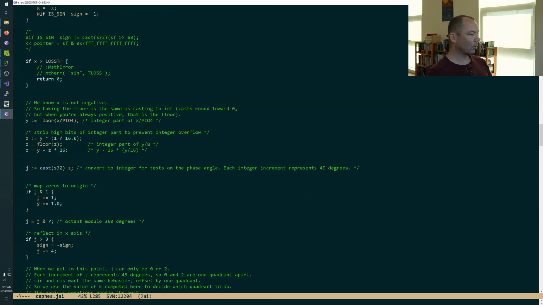So first we go to floor, then we divide by 16. That's a right shift by 4, if this is an integer. And then we floor again, which doesn't make any sense, honestly. Well, okay.